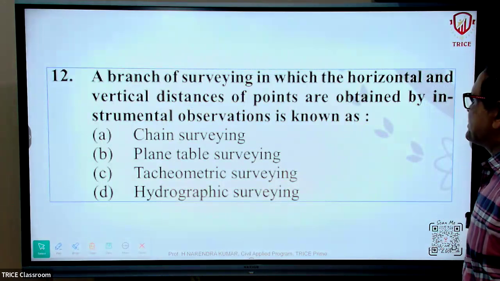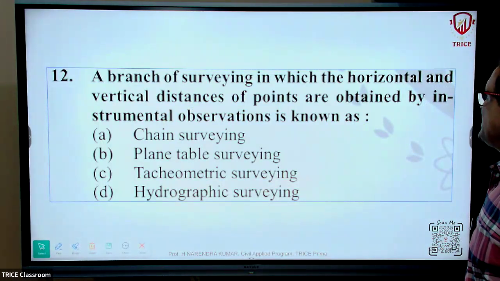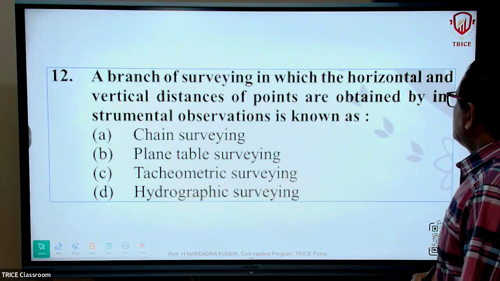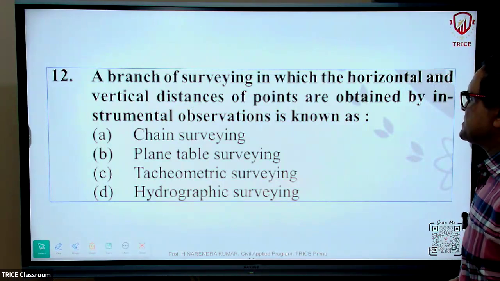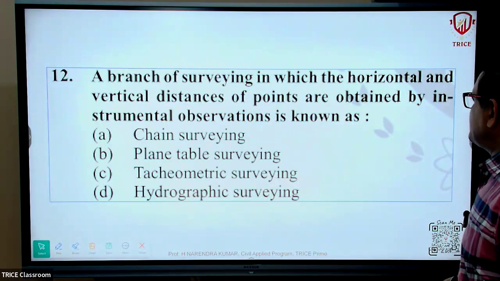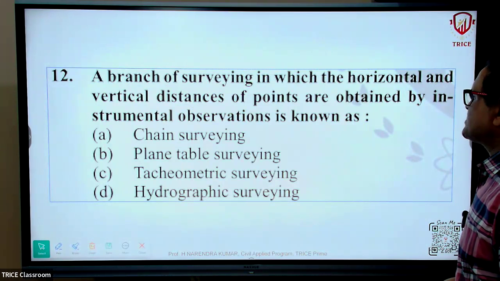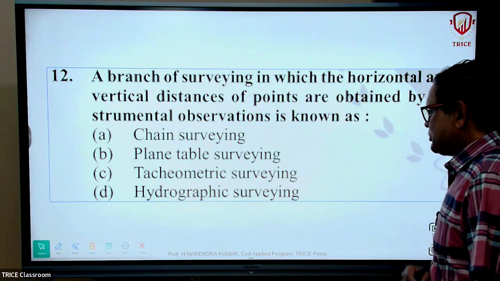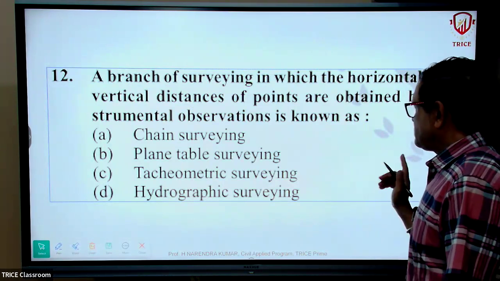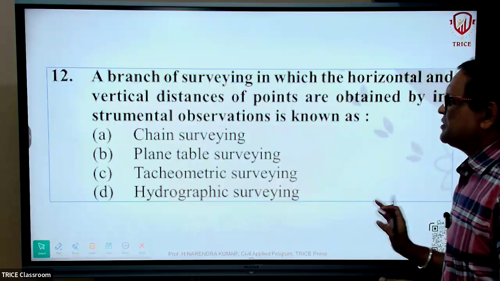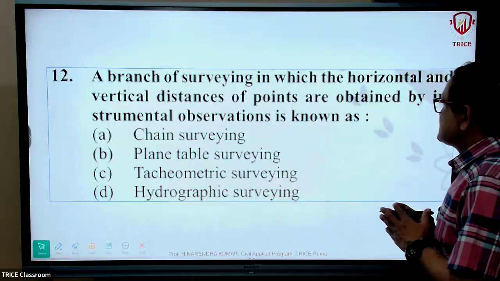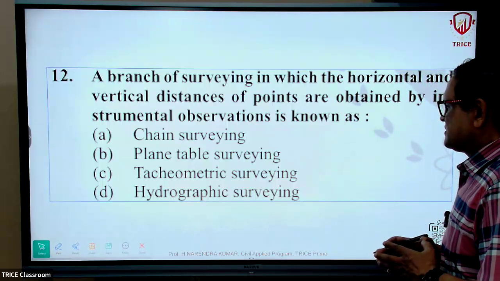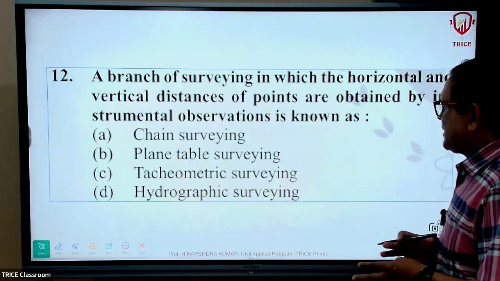Okay, next, once again a simple question. A branch of surveying in which the horizontal and vertical distances of points are obtained by instrumental observations is known as. Simple question. Without getting into the answer slide, I think you can give me the answer. In chain surveying, will I get vertical distances?